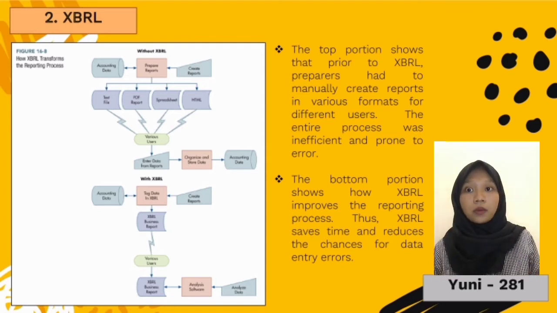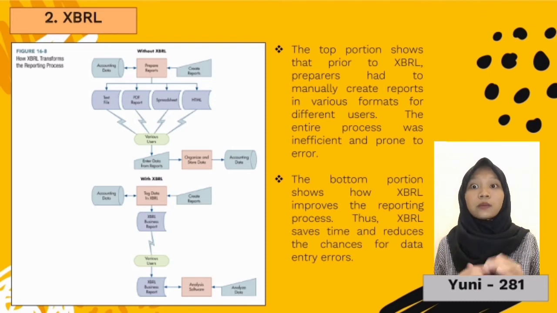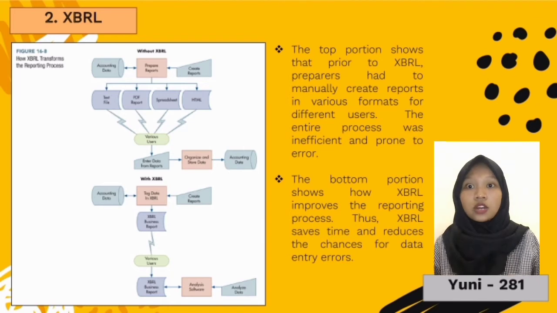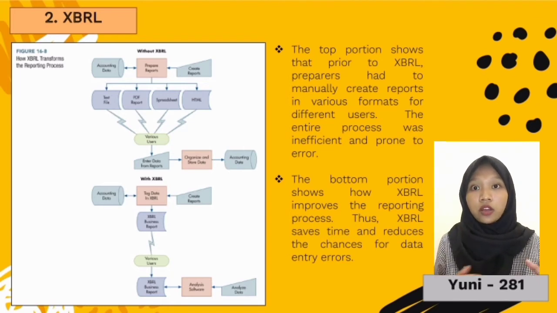So you can see the bottom portion of figure 16.8. It shows how XBRL improves the whole reporting process. Preparers encode the data and transmit it electronically in various formats to users, who can directly analyze it. Thus, XBRL saves time and reduces the chance for data entry errors.